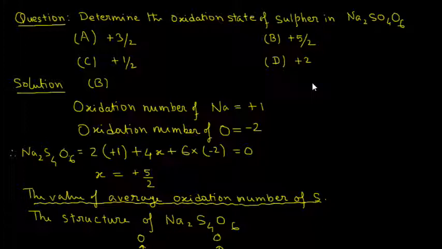First, don't look at the answer. We got B as the correct answer, but how? Let us see. The oxidation number of sodium is +1, we know that, and the rule is also given. The oxidation number of oxygen is -2. This is also known.